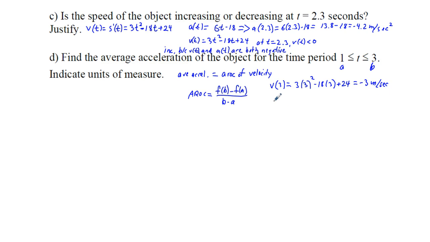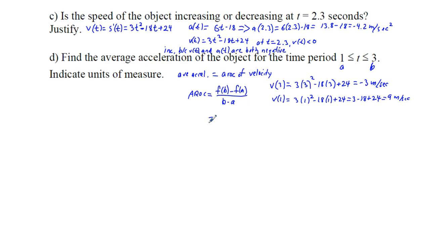Now we're going to find v of 1, which equals 3 times 1 squared minus 18 times 1 plus 24. And that's going to be 3 minus 18 plus 24. That's going to be negative 15 plus 24 equals 9 meters per second.